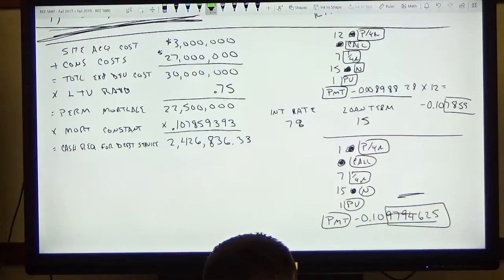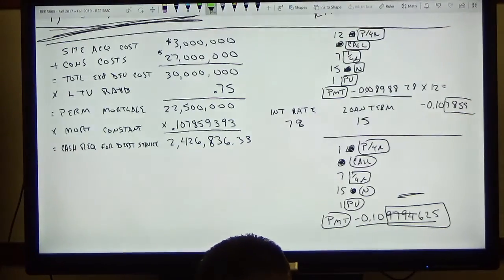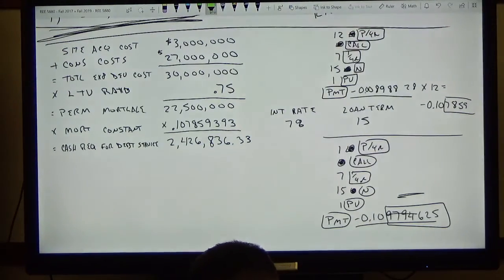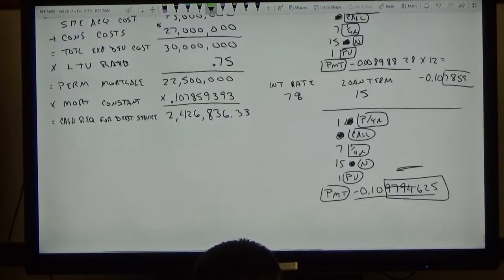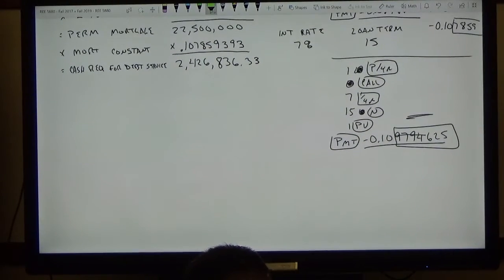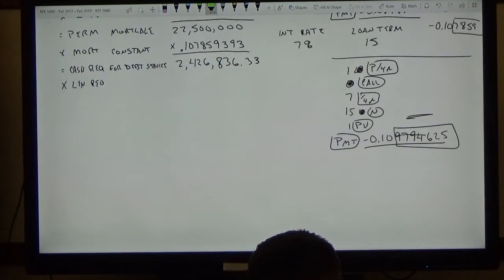So that gives us basically our cash required for debt service, or once again, the equivalent of our annual debt service. So far, so good. Once we've got that, then we multiply that by our lender required debt service coverage ratio.